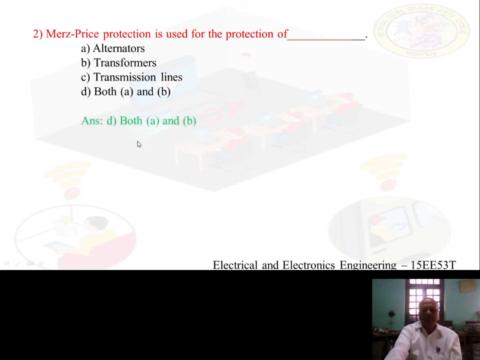Therefore, your answer is both A and B. Third question.